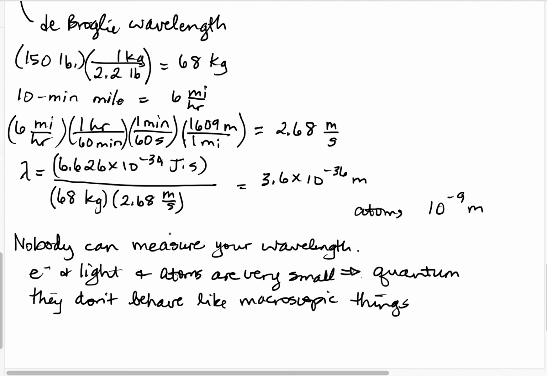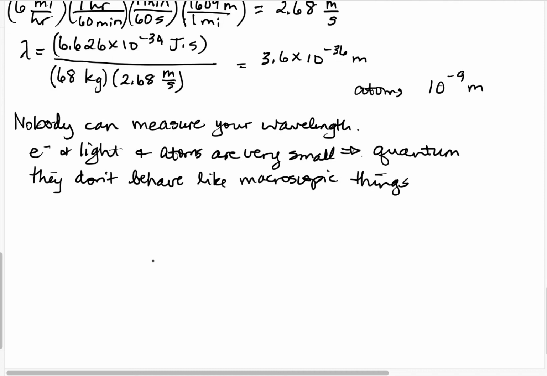And so we do say that electrons and other small things have wave-particle duality, just like light does.